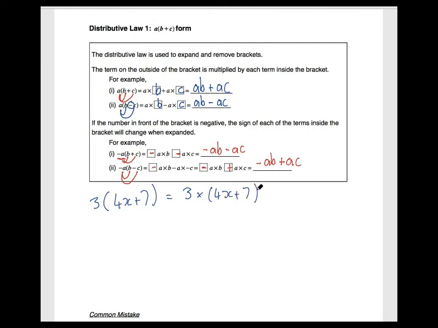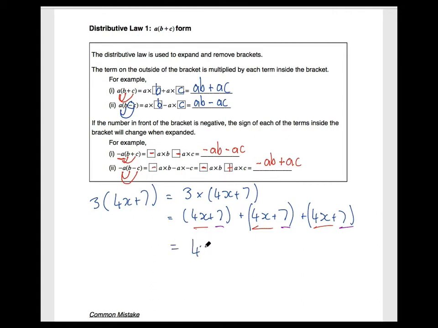So expanding this again, we've got 4x plus 7 plus 4x plus 7 plus 4x plus 7 again, and then we'll bracket all of these. And then if we take the like terms, which in this example is the 4x, 4x, and 4x, and then the 7, 7, and 7, we can group those together to simplify the equation again.